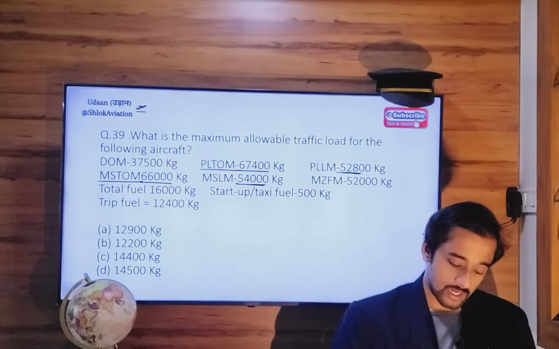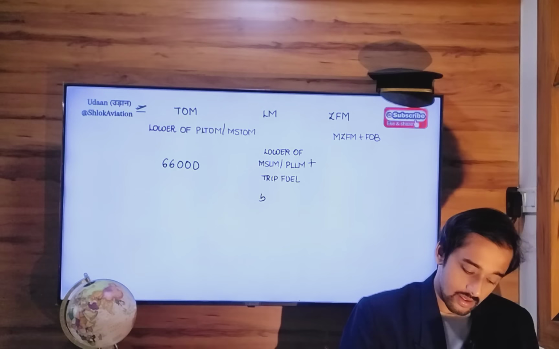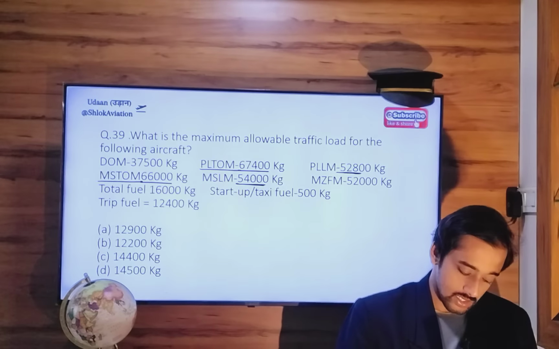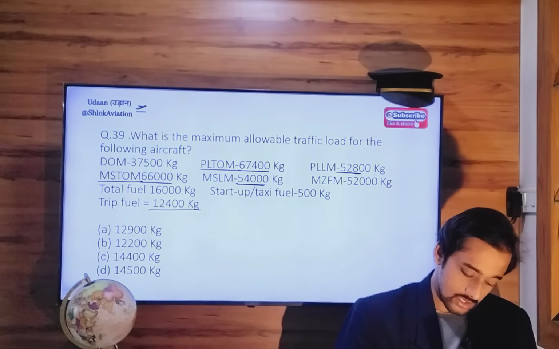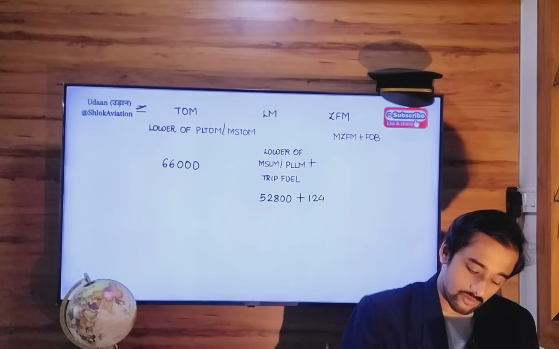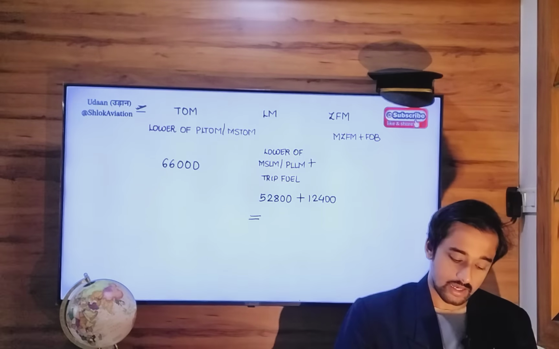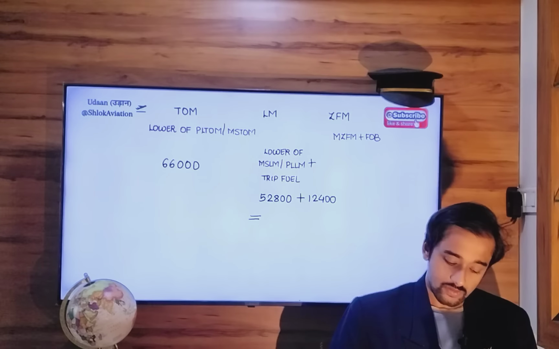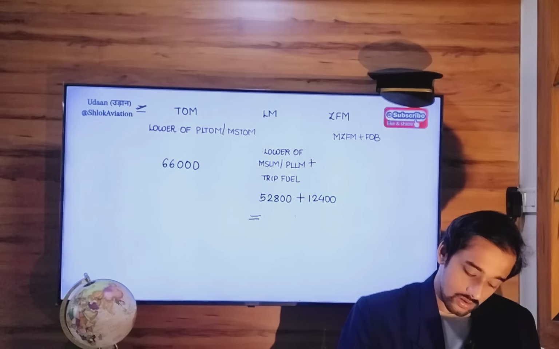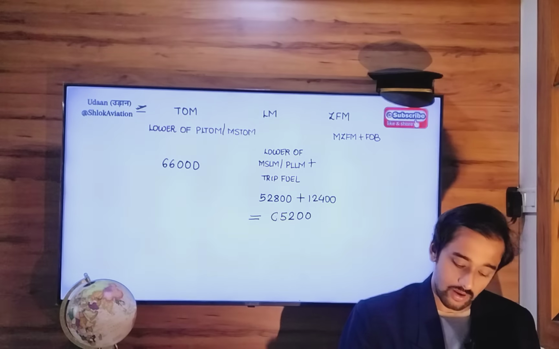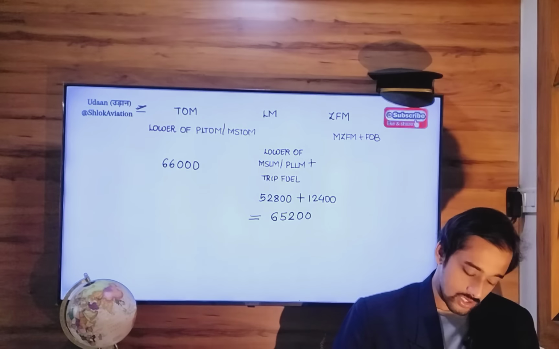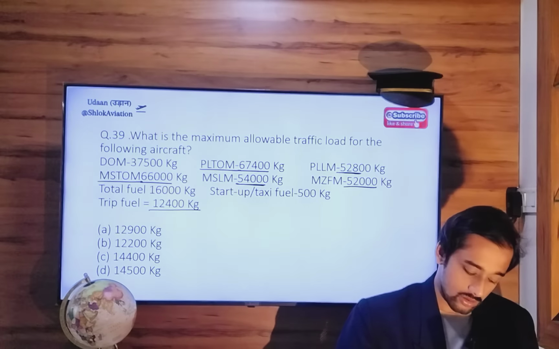So select 52,800, add trip fuel to that. Trip fuel is 12,400, so plus 12,400 next. So that will be equal to 65,200. Now zero fuel mass given is 52,000.